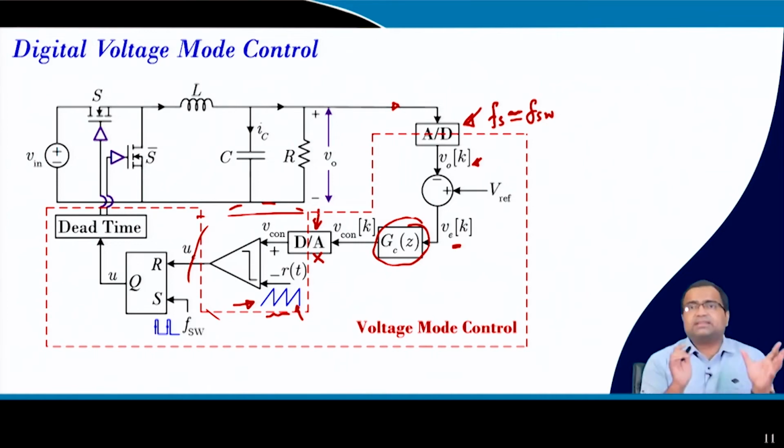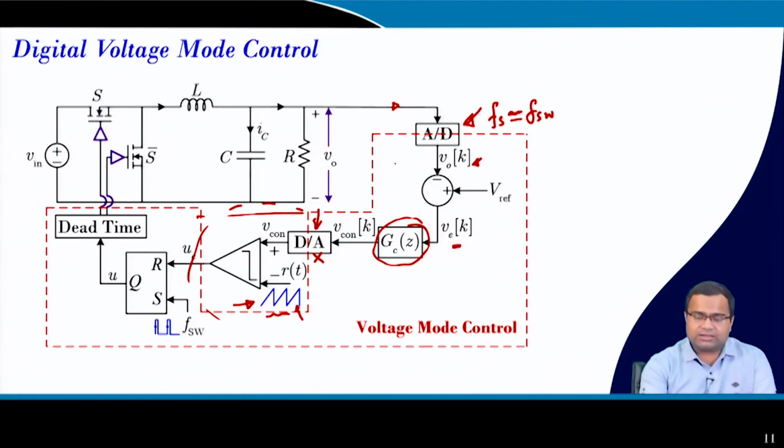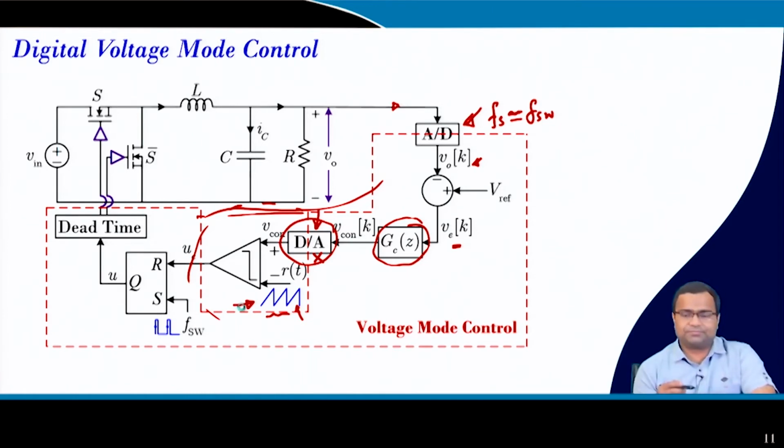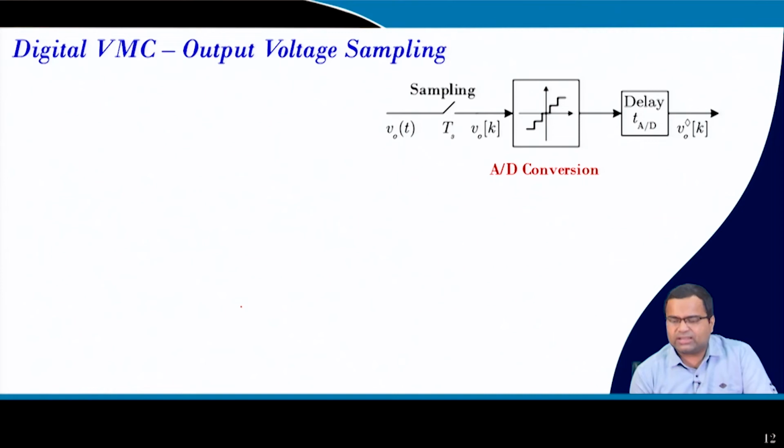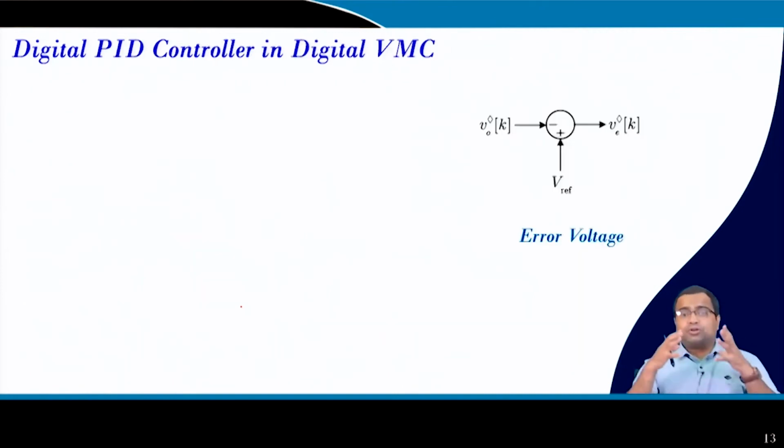So, in general, most of the digital controllers we will be discussing, that means we are taking everything in the digital loop once it goes into the digital controller, nothing is analog after this. But once we go to current mode control, you will see this D2A converter can also be used when you want to keep the fast changing current loop in the analog domain. So, now output voltage sampling, we have discussed this aspect. Now, suppose you want to implement a PID controller, that we discuss.